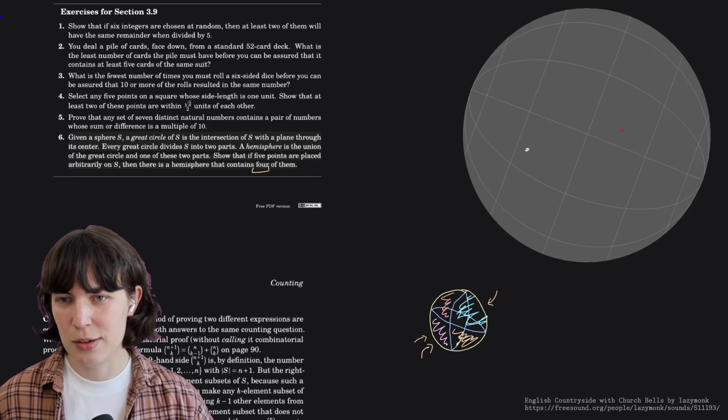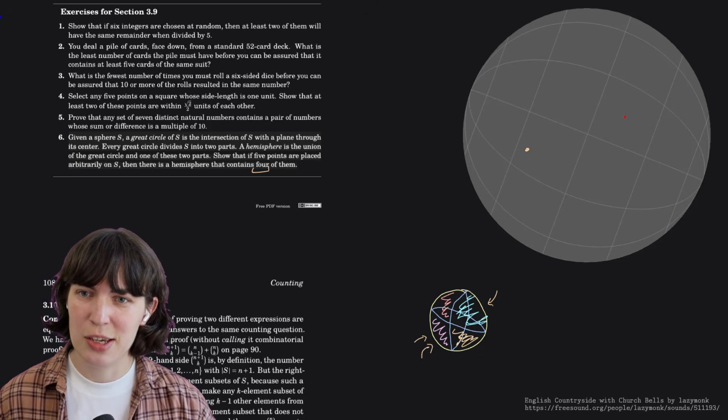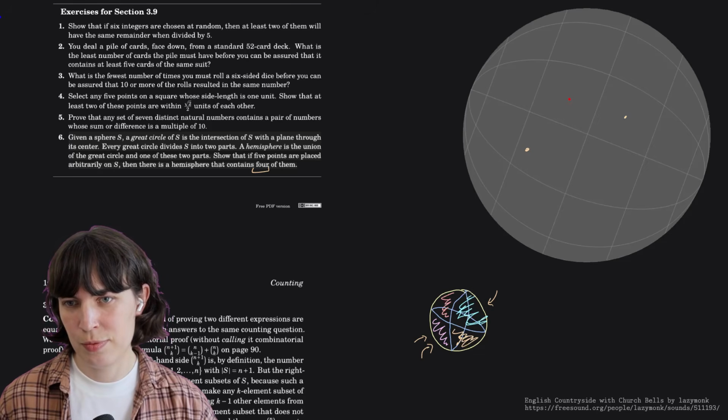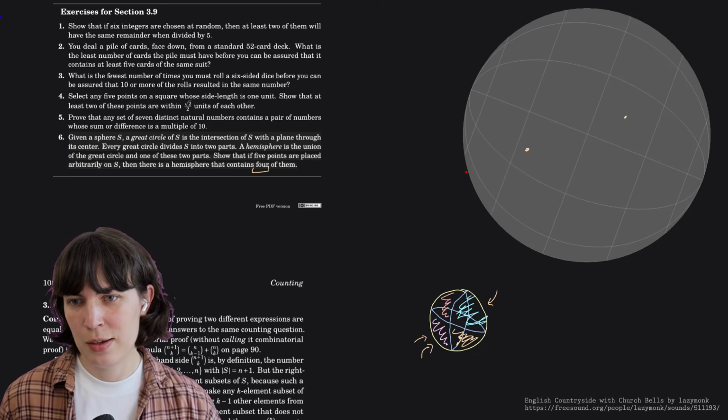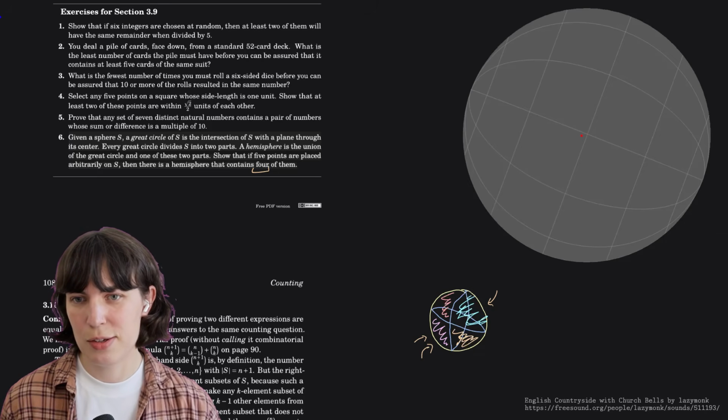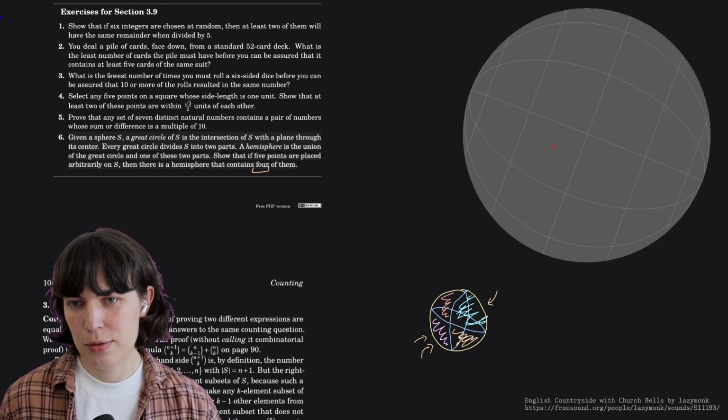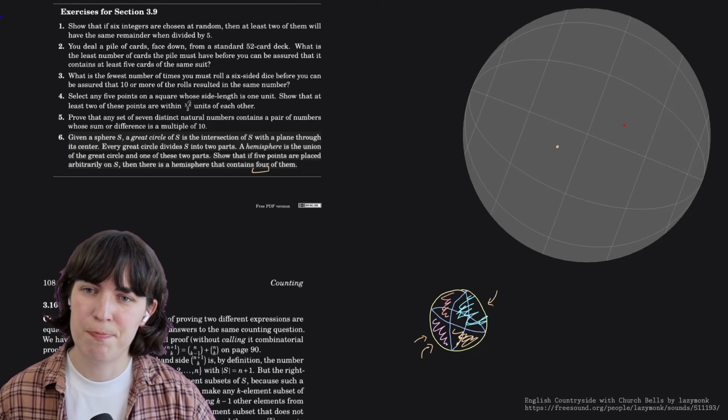So let's say we got our, it's easier to draw here too. I think it's like 3 or 4 maybe points. Yeah. And we've got to think about hemispheres as doing like this. So let's say we got this point here.